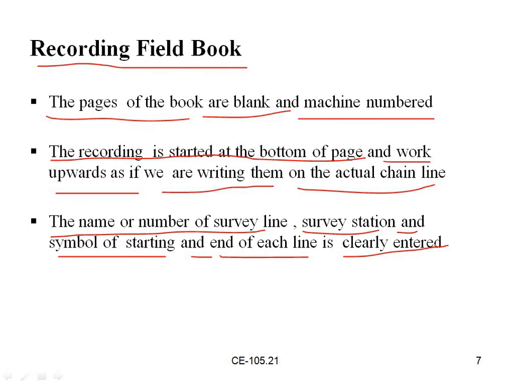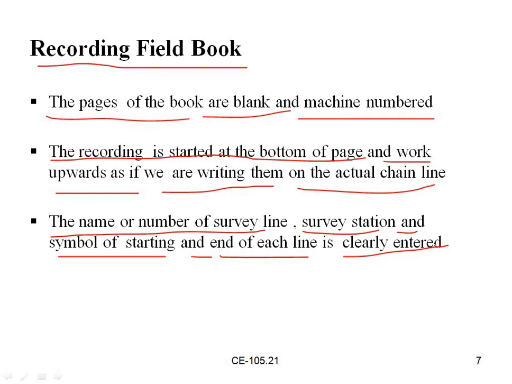Whatever the end of each line is, it should be entered very clearly. The numbers or diagrams should be entered very clearly and neatly. In the field book, we should not make any mistakes, we should not erase mistakes, and we should not do recorrections.